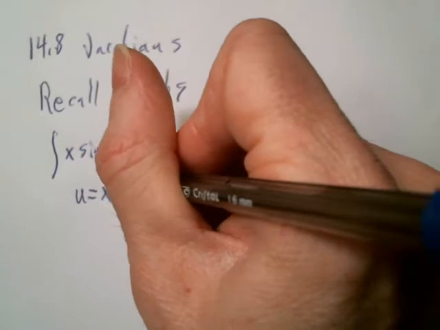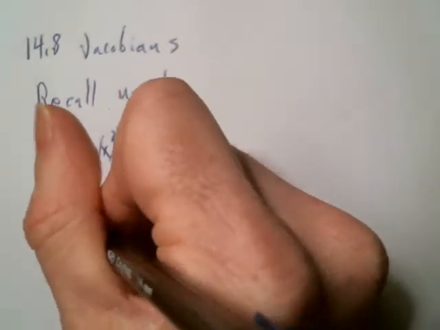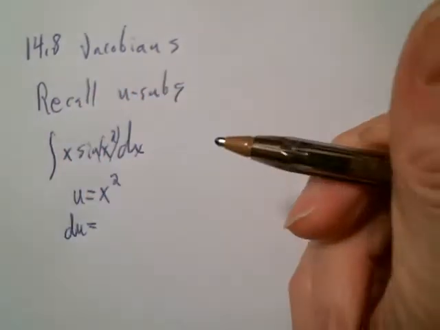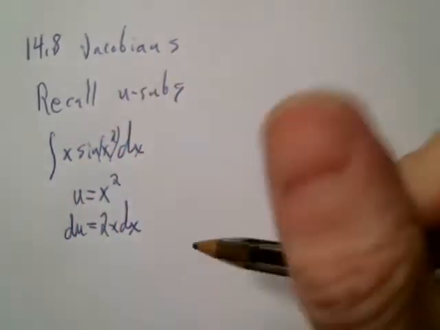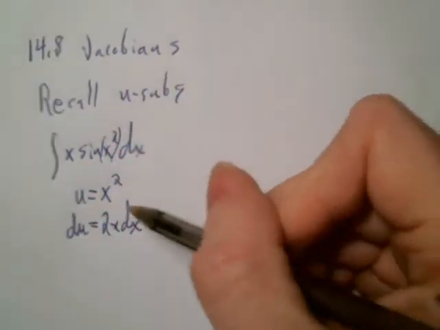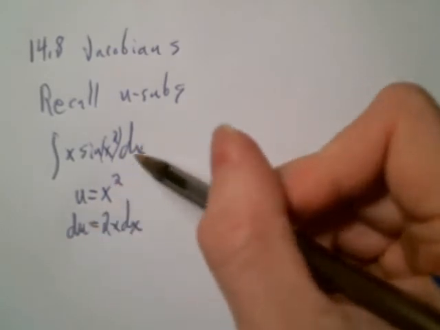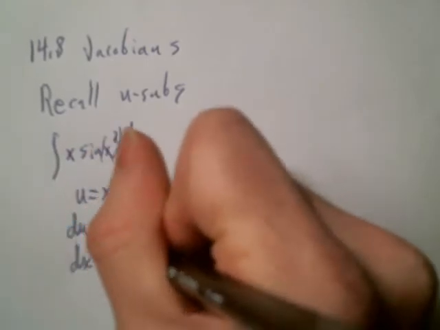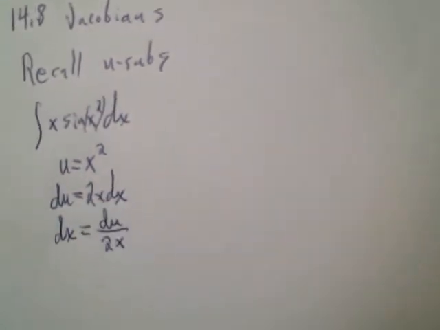So you'll have U equaling some function of x, and then you would get the differential du, which would be 2x dx. And that's the part that's going to be causing us trouble, is this replacement of this expression here. So to do it with a U sub, you would solve for dx, and you would get du over 2x.